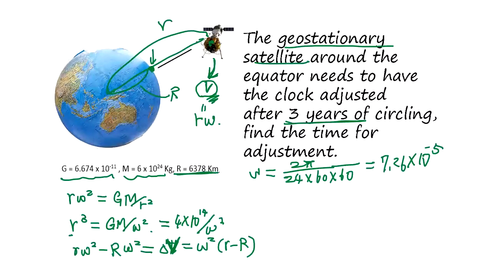Okay. So 4 divided by 7.26. So let's make it 21.7, right?